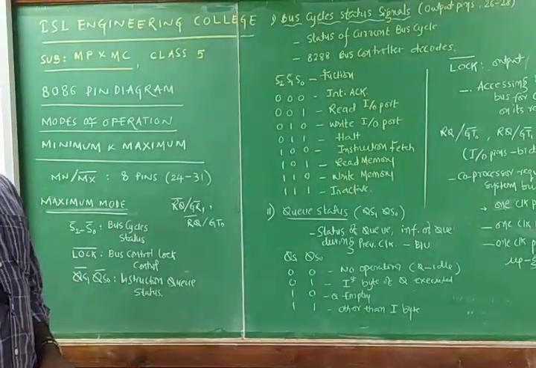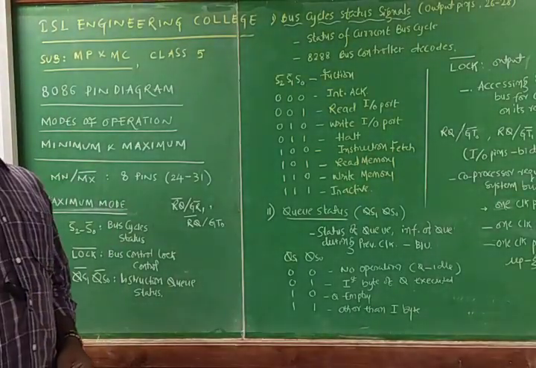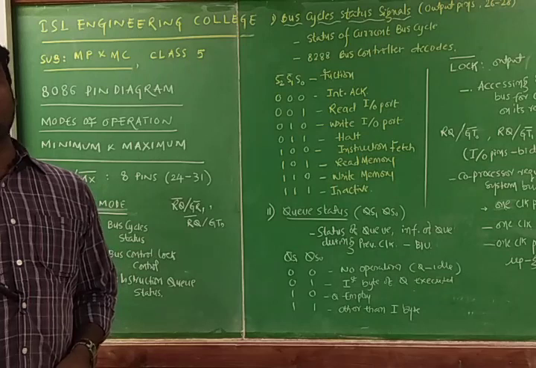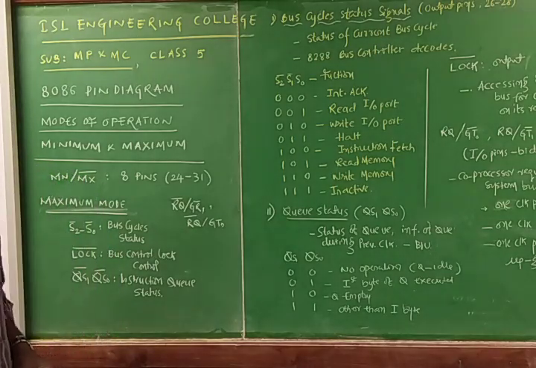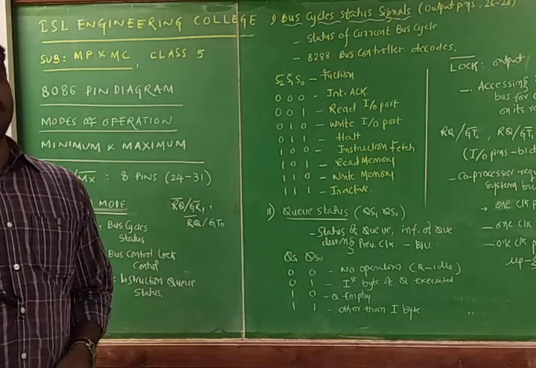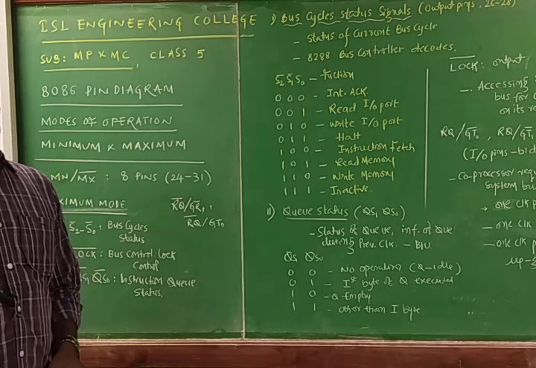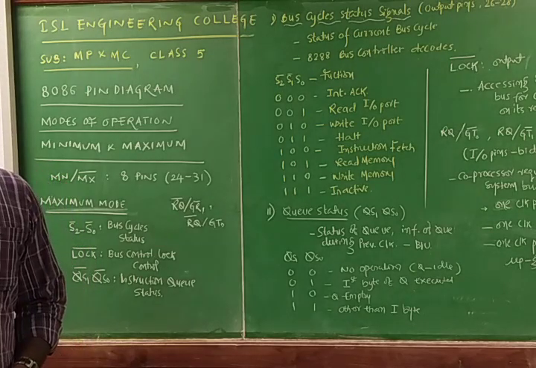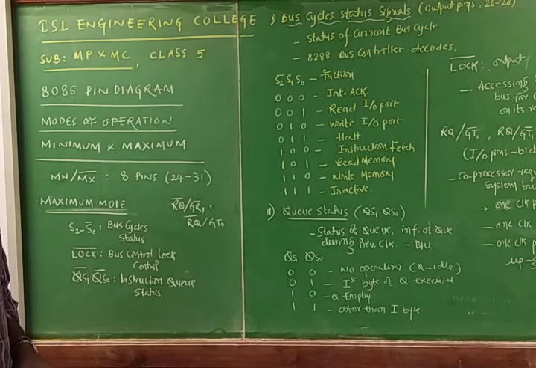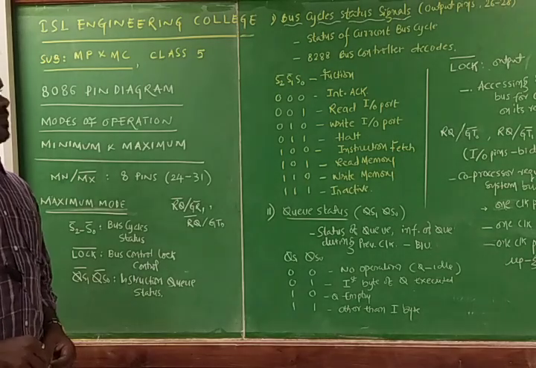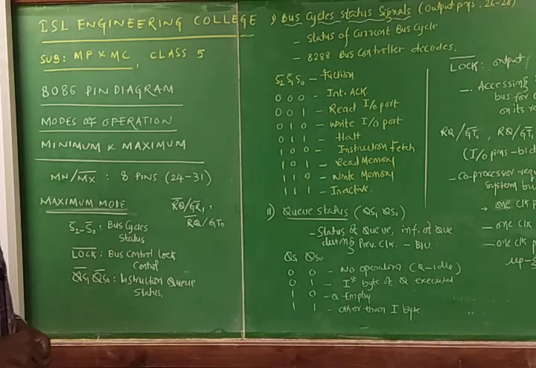In the last class we studied the functionality of the common mode pins, that are 32. In today's class I am going to explain the maximum mode signals.